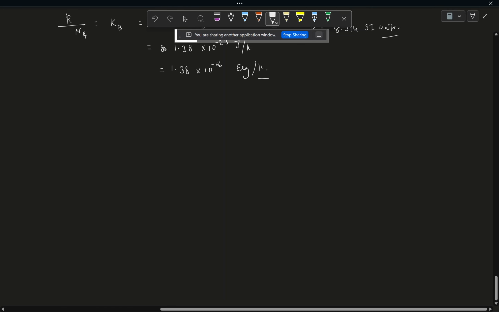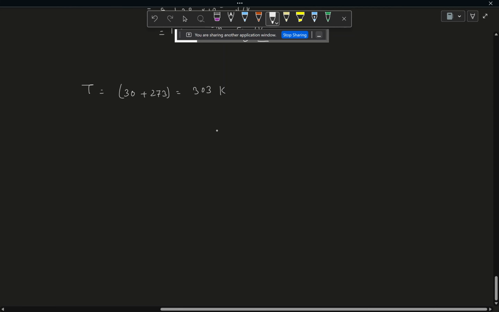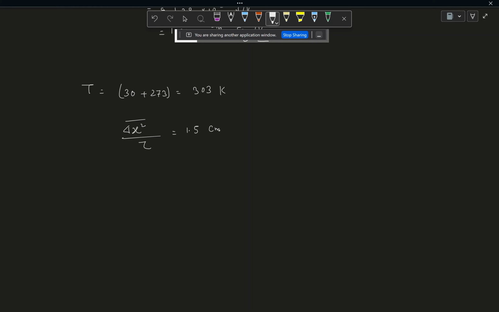So now to solve the problem, first of all we have the information about temperature. So T equal to 30 degrees centigrade means 30 plus 273 Kelvin, which is basically your 303 Kelvin, right? And this quantity delta x squared mean divided by tau is also mentioned as 1.5 centimeter squared per second.